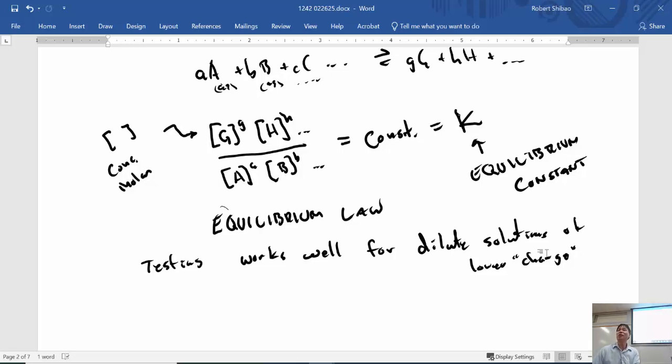But if you have higher charge species, and as the concentration goes up, then it deviates. So the higher the concentration and the higher the charge on the ions, the more it fails. Have you seen something like that before? Testing works well for dilute solutions of lower charge, which we call ideal solutions. These are called ideal solutions.